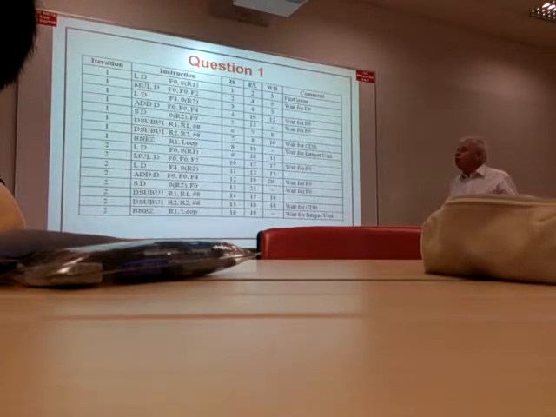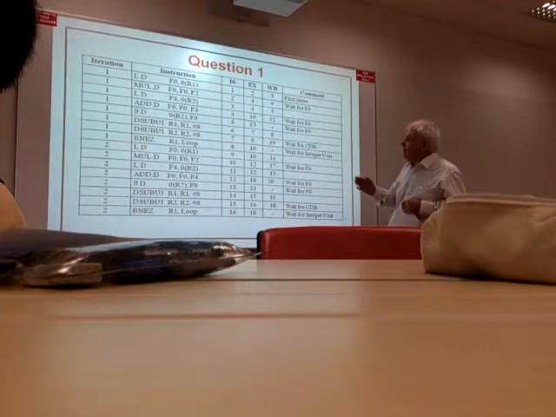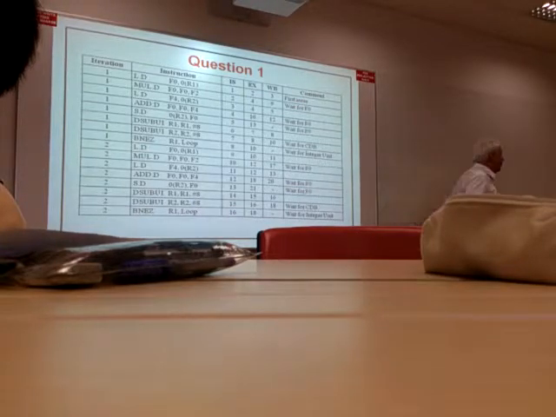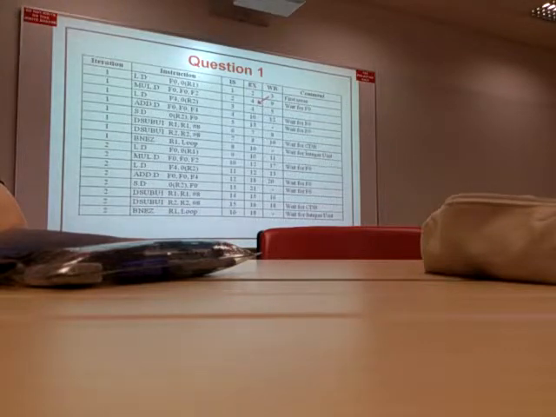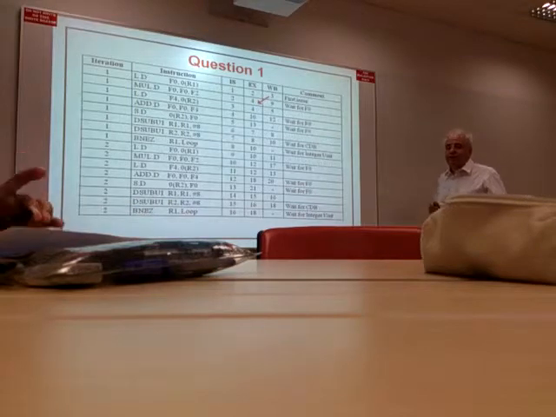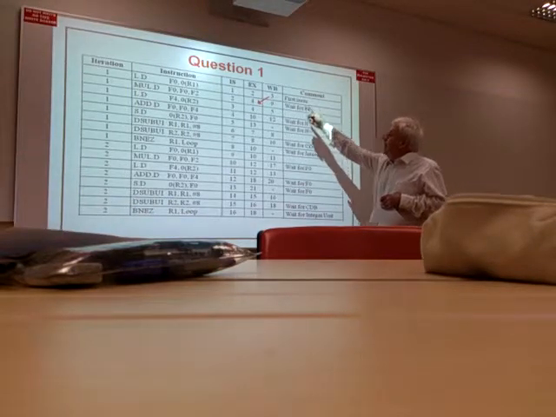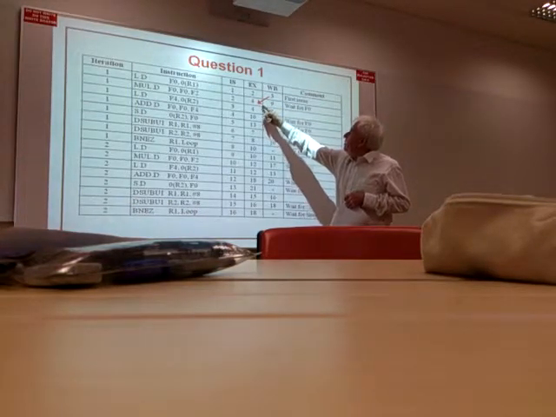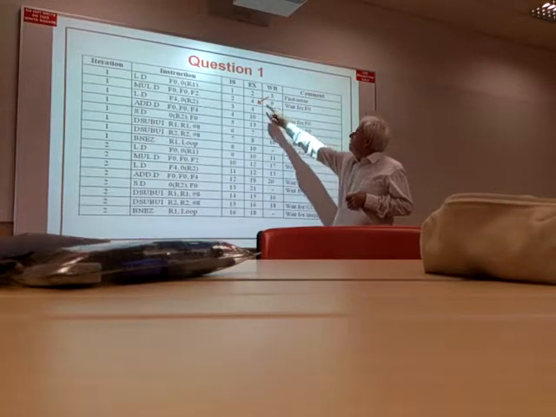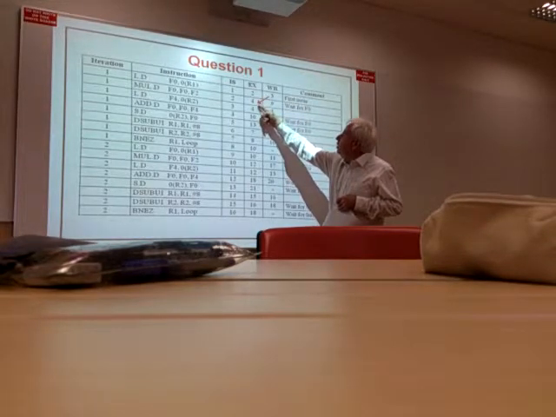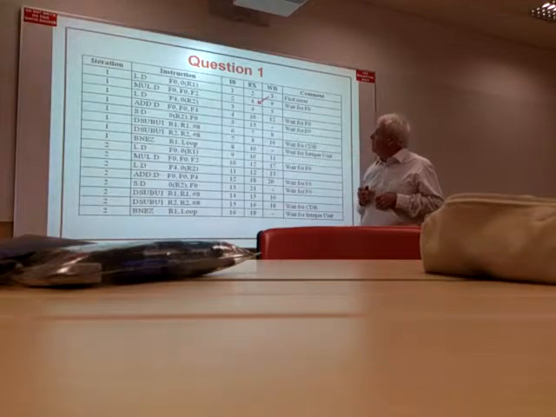Okay, so let's go through this table in detail. Very easy one, just leave blank. I've already talked about the first dependency. We have to wait for F0 to become available before we can execute the multiply.